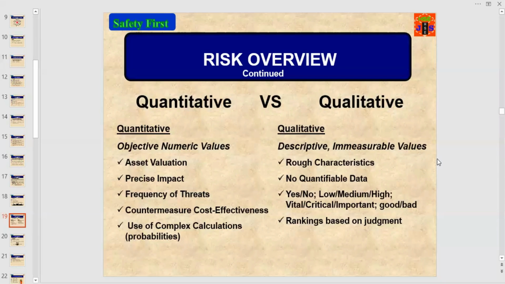rough characteristics, no quantifiable data, yes slash no, low, medium, high, vital, critical, important, good or bad, and ranking based on judgment only. These are the key points for a qualitative risk analysis or risk assessment.